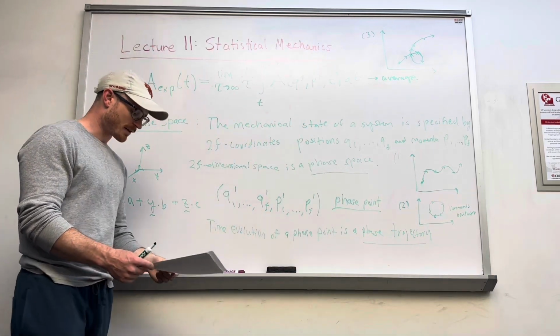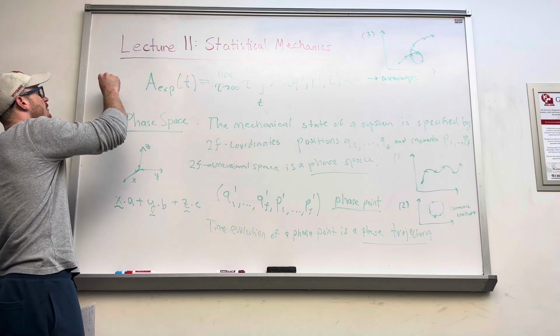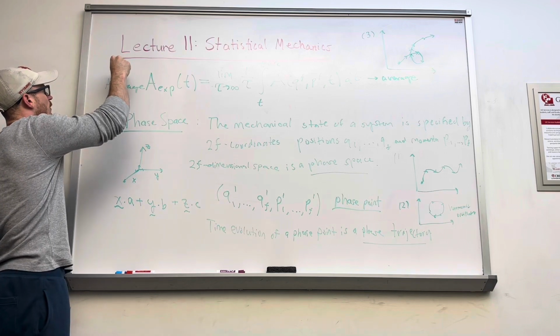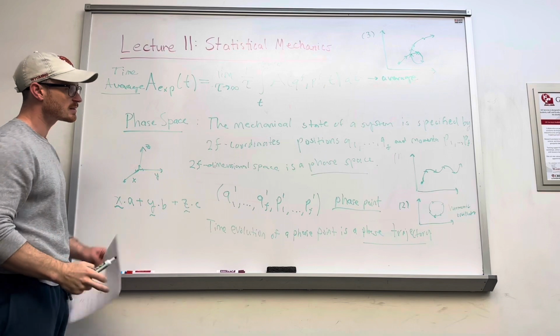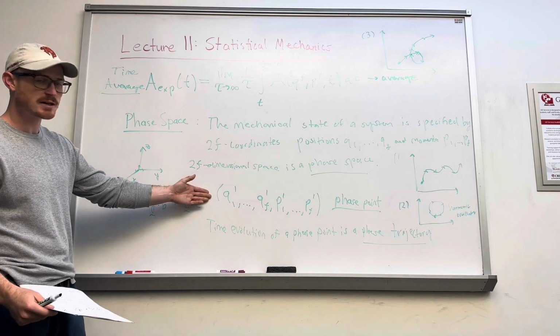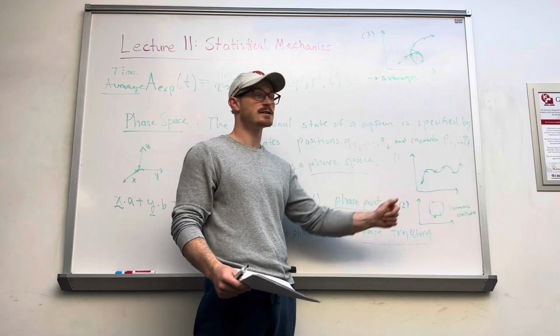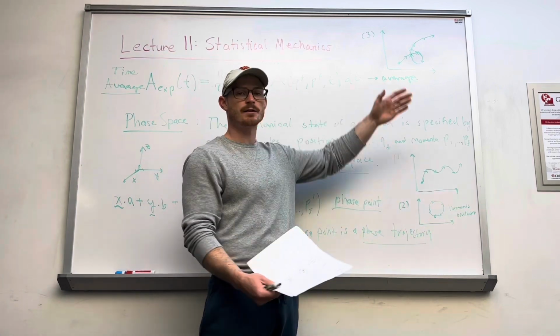So these are just some definitions. The important ones are this average that we've defined here, the statistical average, or we'll say this is a time average. This phase space, a point in the phase space called a phase point, and then trajectories of points in phase space. And we've seen ones that are realistic and ones that are not.